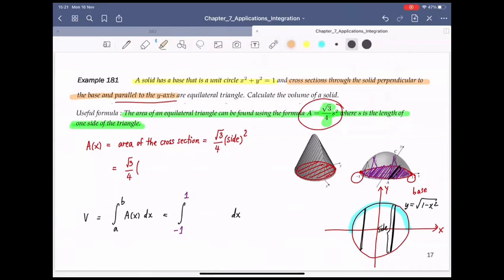And the bottom curve that I highlighted in orange is y equal to negative square root of 1 minus x squared. So if I want to find the side here, the top curve is square root of 1 minus x squared, the bottom curve is negative square root of 1 minus x squared. So the length here is going to be square root of 1 minus x squared minus negative square root of 1 minus x squared.